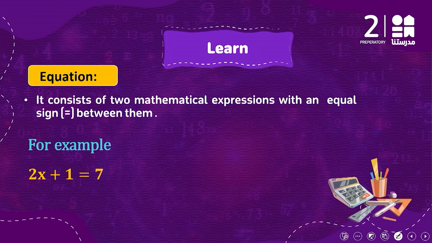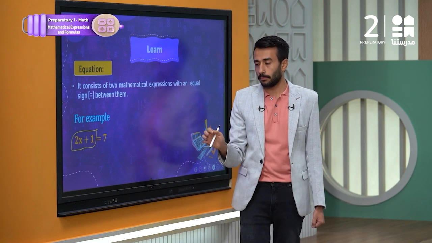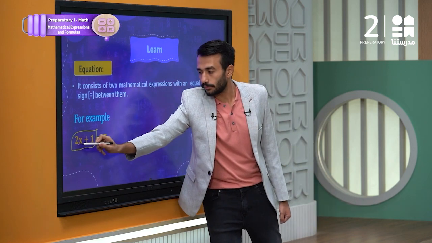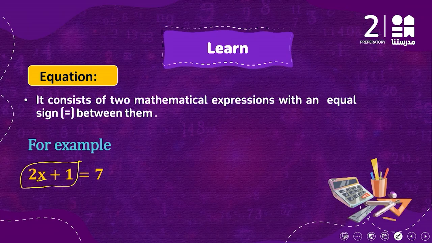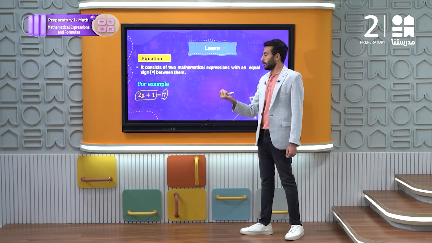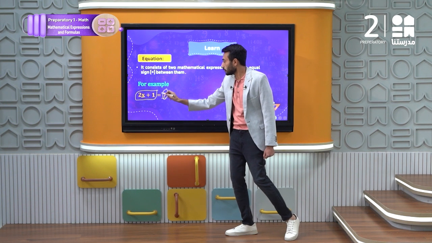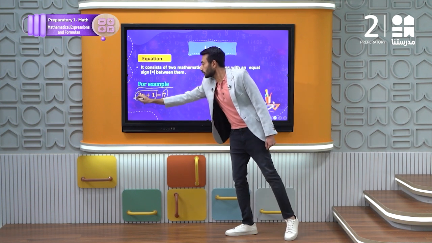If I ask you about this part only, 2x plus 1, this is an expression, especially an algebraic expression, as we have a letter here. If I ask you about 7 only, it's also an expression, especially a numerical expression, as we have just a number here. If you combine these two expressions with an equal sign, now this is totally called an equation.